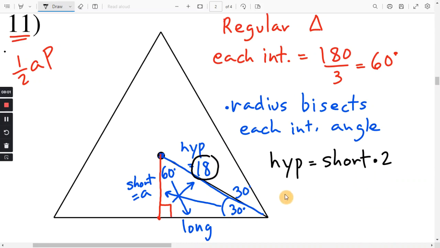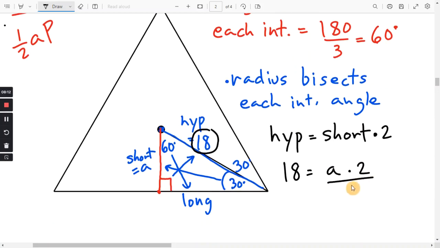The hypotenuse is 18. The short side is your apothem A, and that's times 2. The opposite of times 2 is just divided by 2. So 18 divided by 2 is 9, and that's your apothem A. All right, so this equals 9.